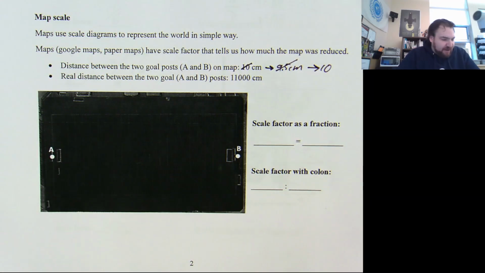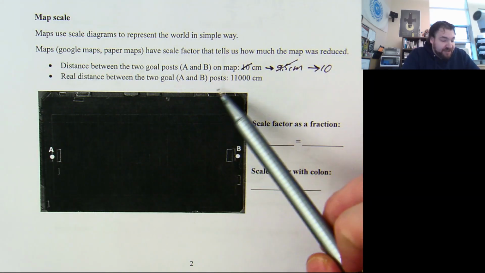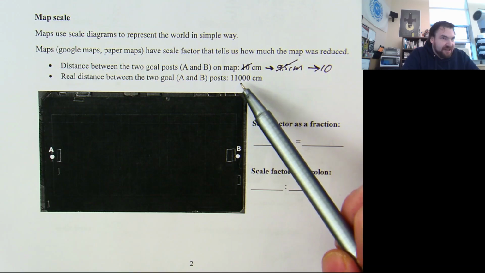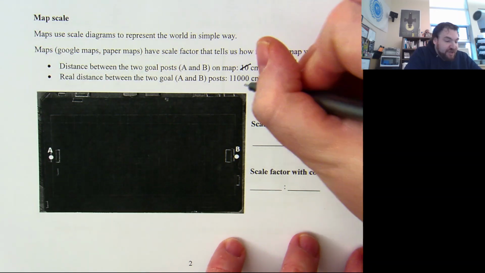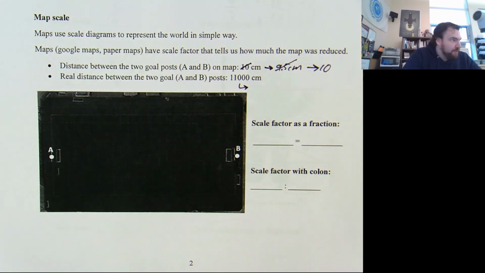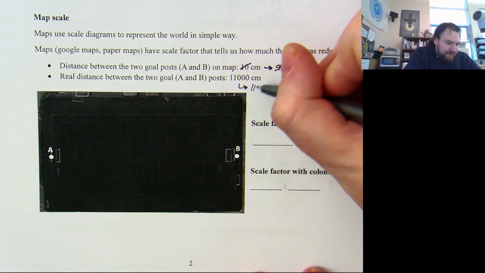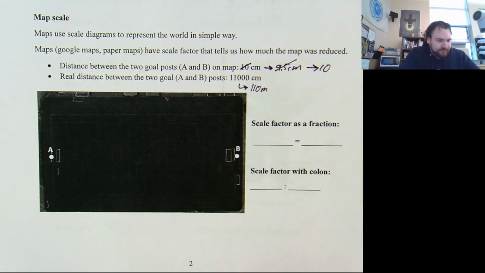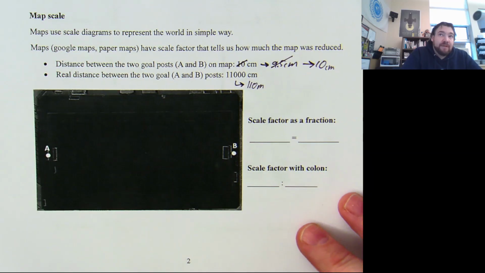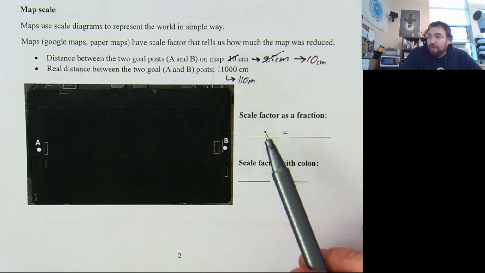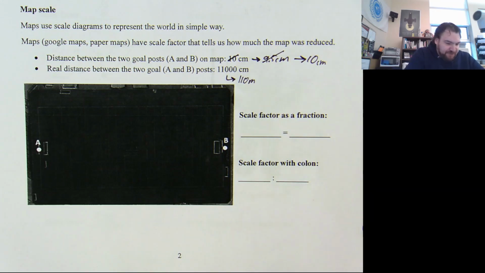So then to find the scale, the real distance between the two goalposts is 11,000 centimeters, which, for all you football players out there, is 110 meters. So what's the scale factor going to be for something like this?